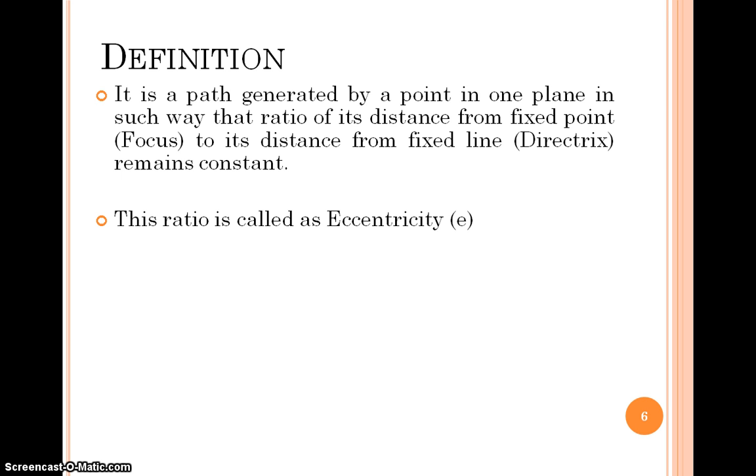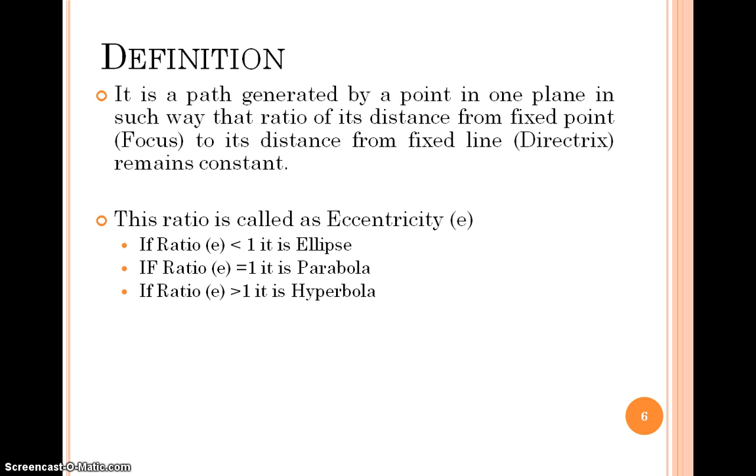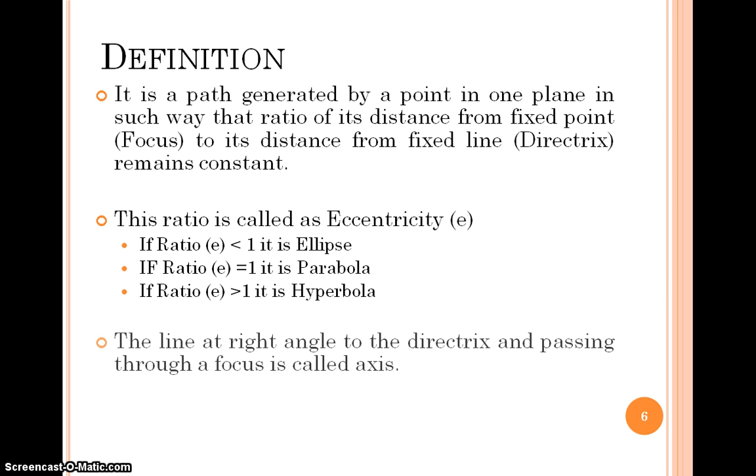That ratio is called eccentricity. If the ratio E, that is eccentricity, is less than 1, then it is an ellipse. If E is equal to 1, then it is a parabola. And if the ratio is greater than 1, then it is a hyperbola.